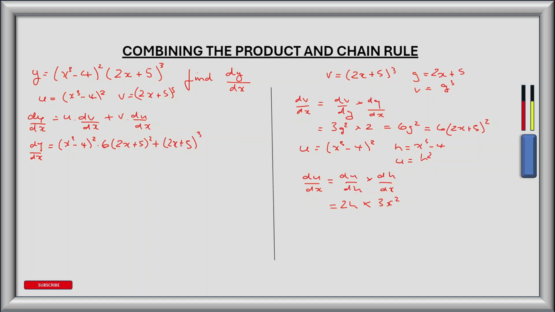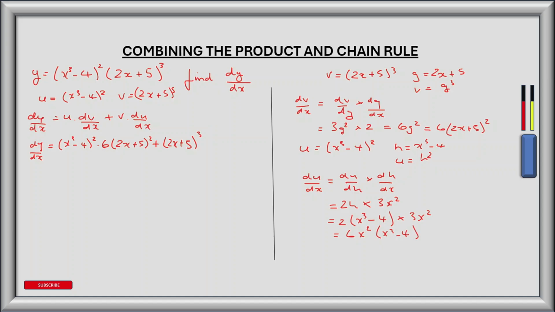If we now substitute for h, so h is x cubed minus 4, this is equal to 2(x cubed minus 4) times 3x squared, which is 6x squared times (x cubed minus 4).